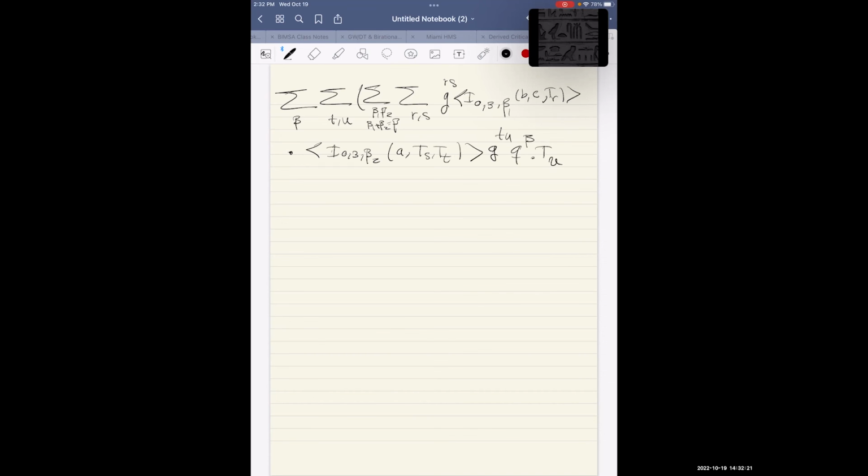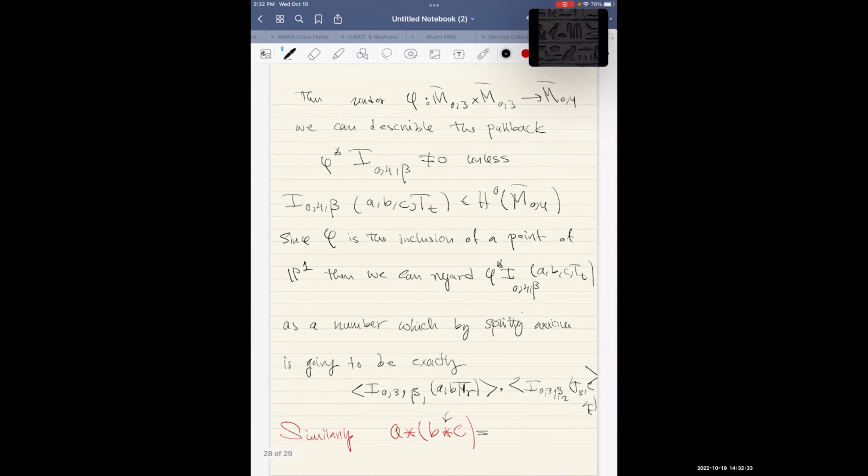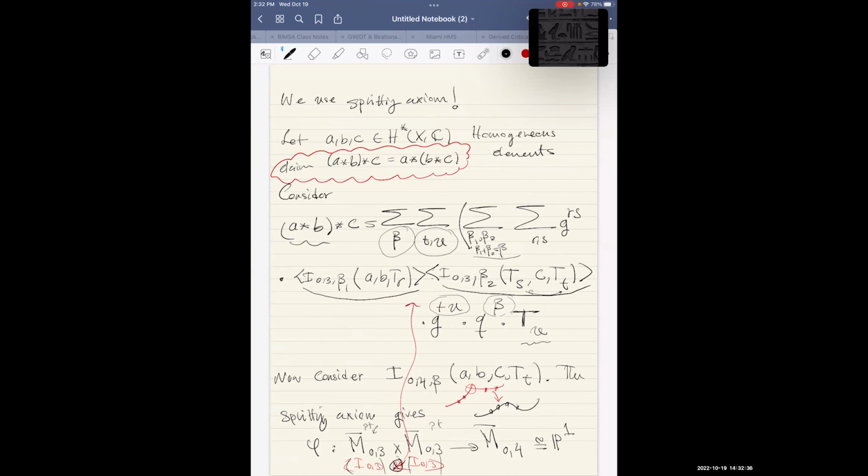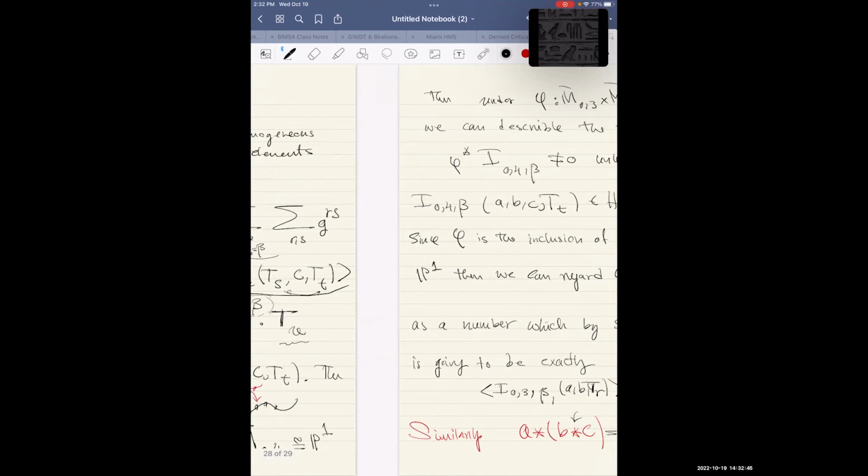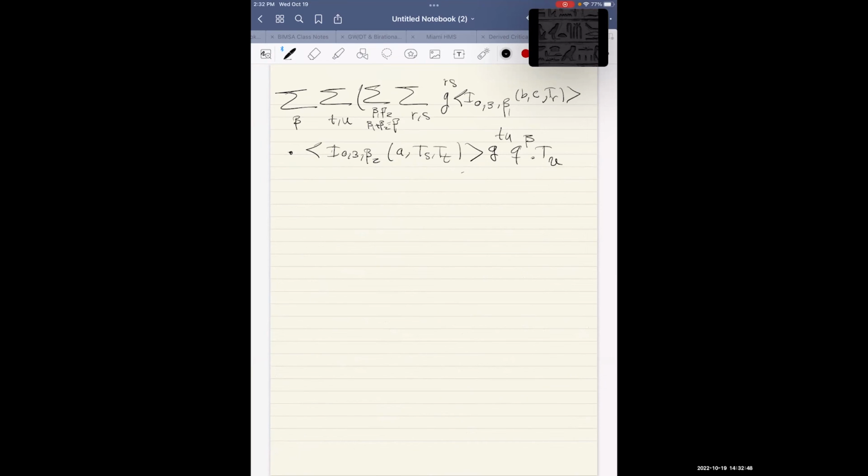Okay, if I compare this thing with the other thing, you see what has changed really. Right here, I know that by the covariance axiom, I'm cleaning it up, nothing bad, really.